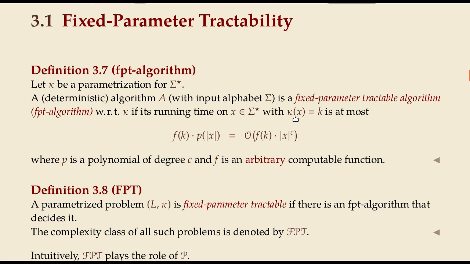K is just the parameter of the given instance. And this function f may be an arbitrary computable function. It could grow humongous even for small k. We allow that and still call the algorithm FPT, fixed parameter tractable. The reasoning behind this is that as long as k is really, really small, it won't hurt too much, even though that function might grow very, very quickly.